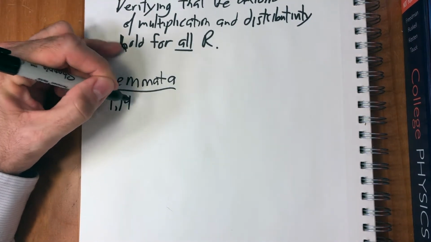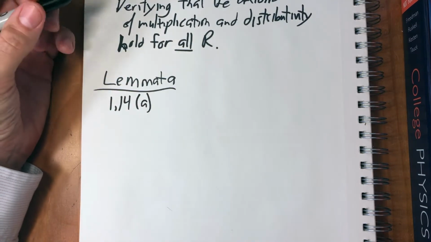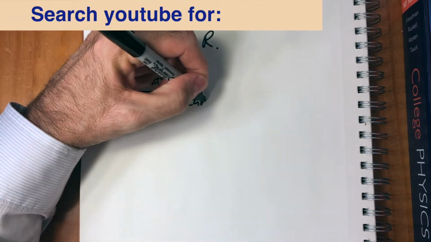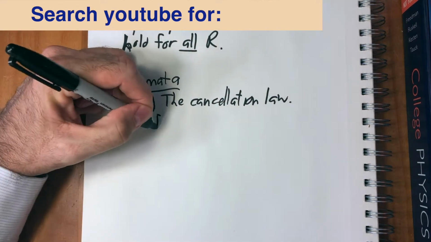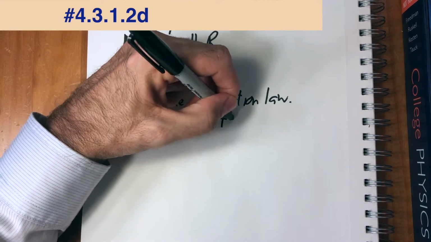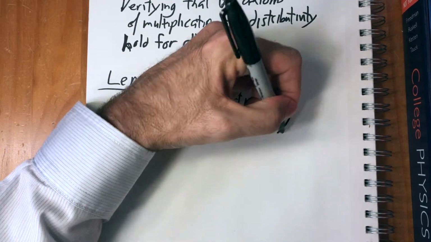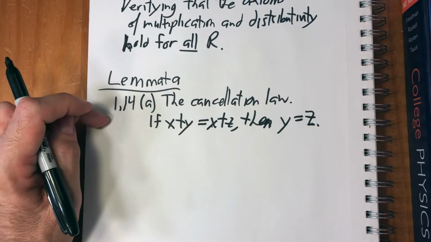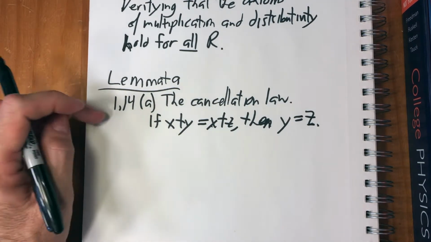So we're going to need 1.14a, which is the cancellation law. That says that if x plus y equals x plus z, then y equals z. This comes for free with the addition axioms.